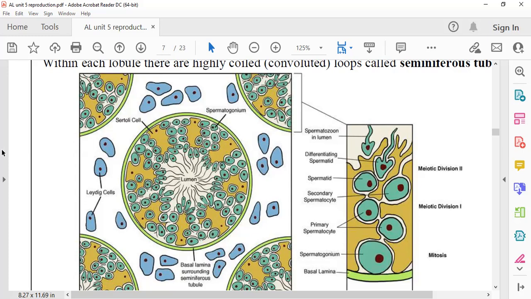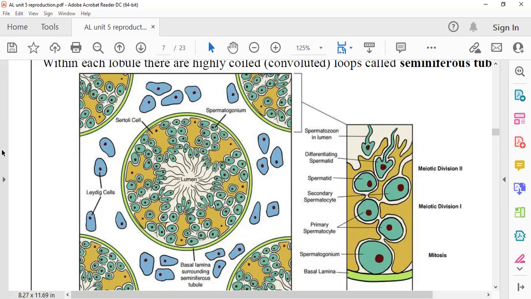Interstitial region. In the interstitial region, one kind of cells are there. What are the cells? Leydig cells. Leydig cells are responsible for secreting the hormone testosterone. What is the hormone secreted by the Leydig cells? Testosterone hormone.